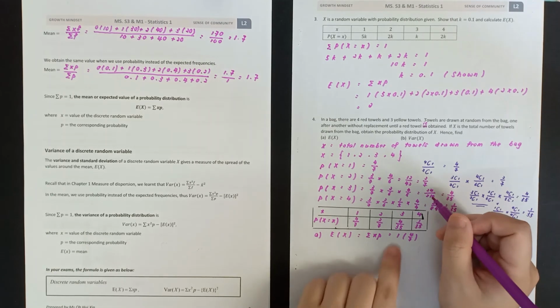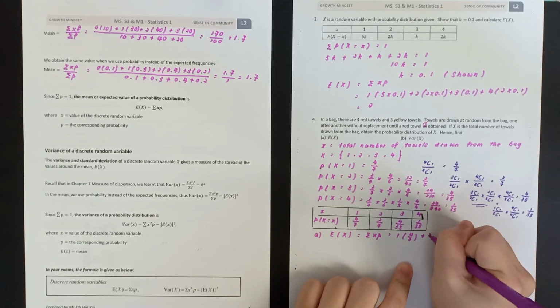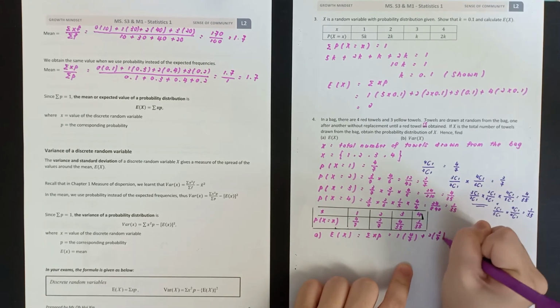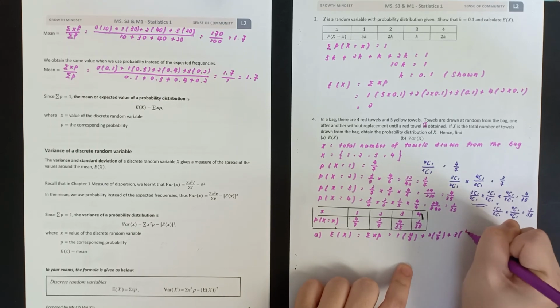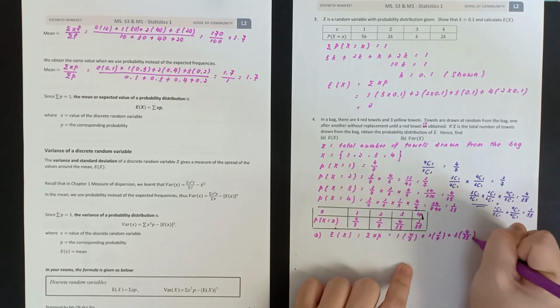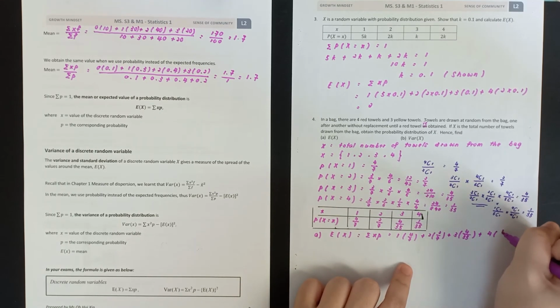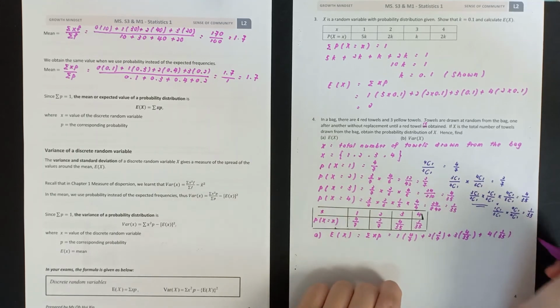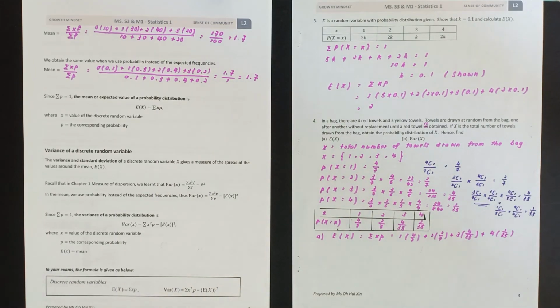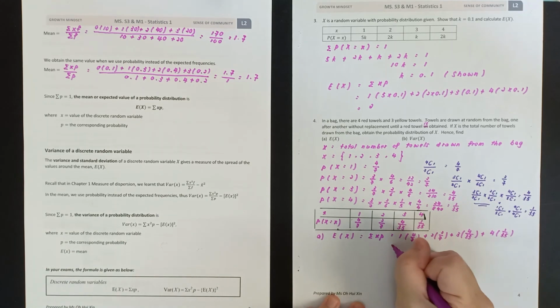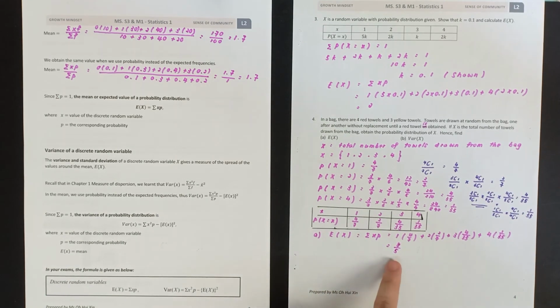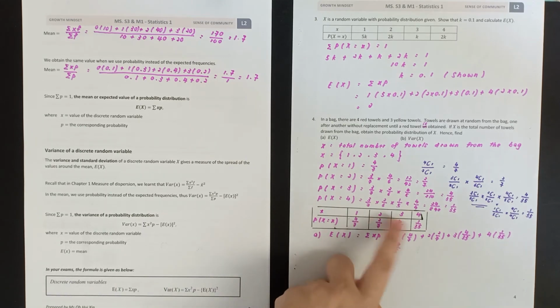So 1 times 4 over 7 plus 2 times 2 over 7 plus 3 times 4 over 35 plus 4 times 1 over 35. When you multiply everything and add it up, you should get 8 over 5. Remember, this answer is not the expected outcome, because your outcomes are 1, 2, 3, 4.